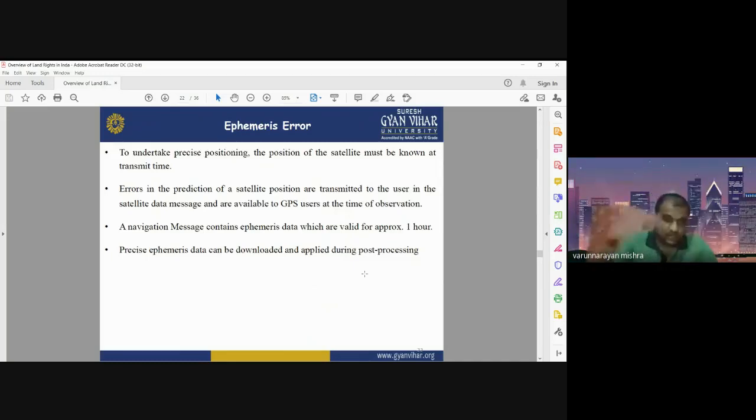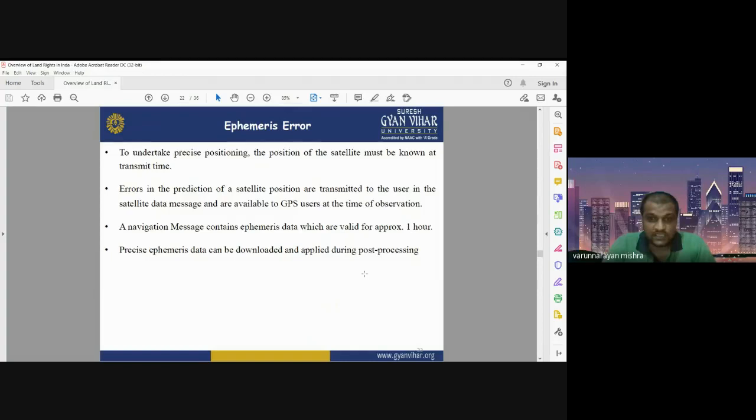The signal which is coming from the GPS satellite and which is received by the GPS receiver also contains the exact positioning of that satellite in the space. So to undertake precise positioning, we must know the position of the satellite in the space.